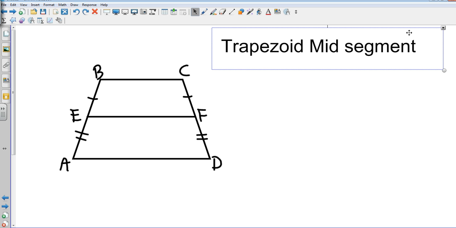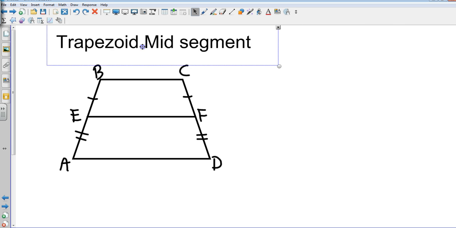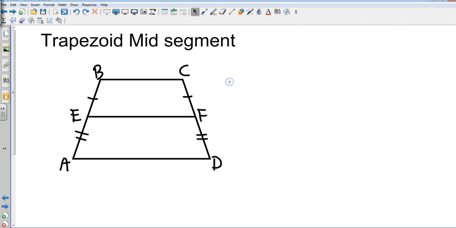Who would put that as one word, but that's all right. The trapezoid mid-segment. Basically what I've done is I've taken the midpoint of AB, which is E, and I've taken the midpoint of DC, which is F, and I have connected those two midpoints.